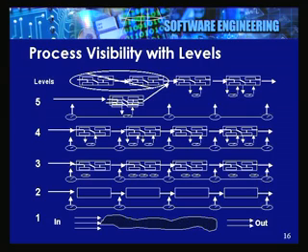So, with this approach, you will see that there is a great deal of improvement in the process visibility. As you go from one level to another level, the visibility will be improving.